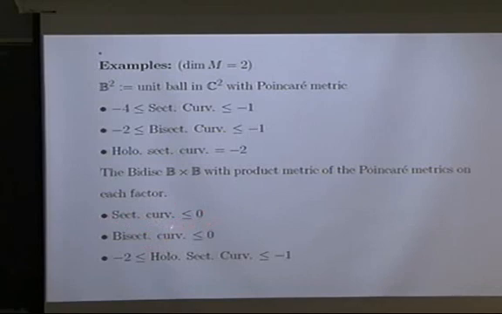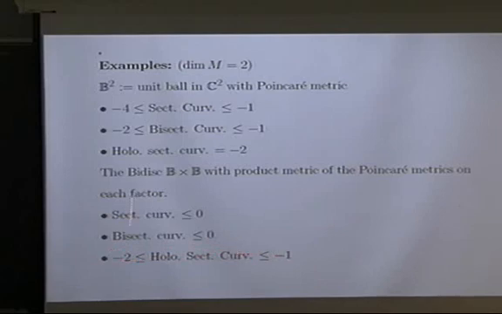The bisectional curvature is also just semi-negative. On the other hand, the holomorphic sectional curvature is strictly negative, pinched between -1 and -2.